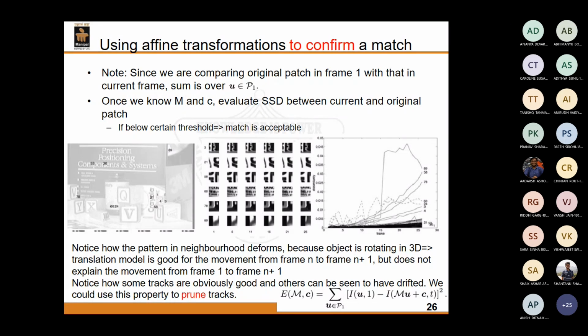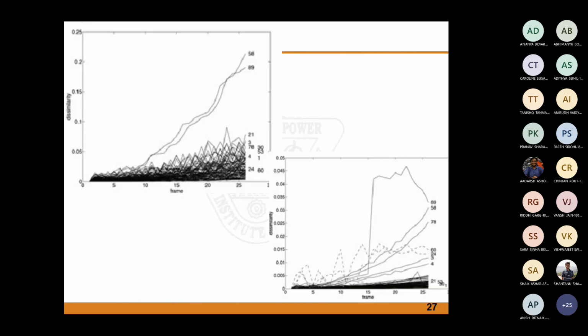When we are using affine transformation as a post processing technique, we'll see that the graph of the SSD, or the dissimilarity function, would be better. Just to give you an example, let us consider these two images.